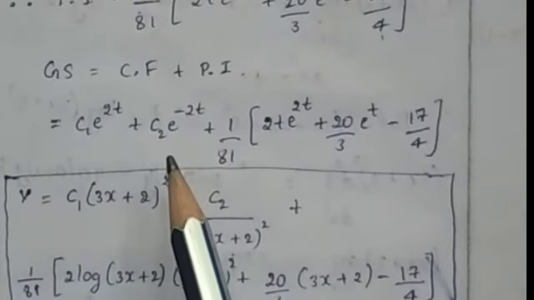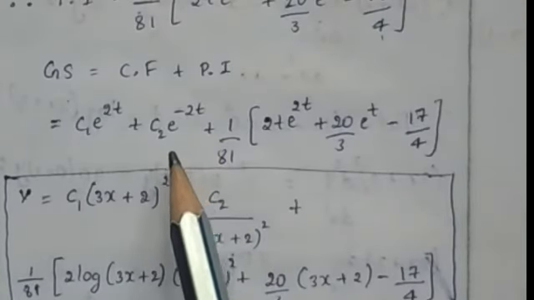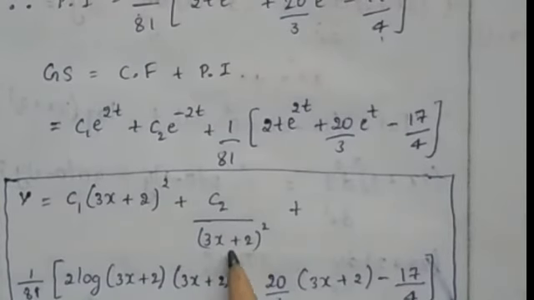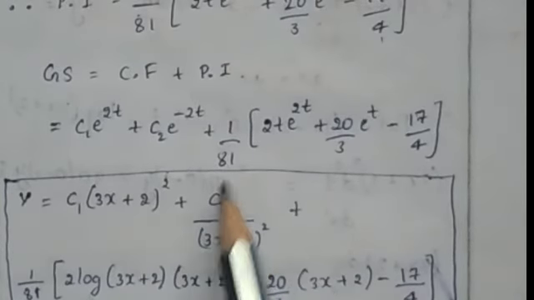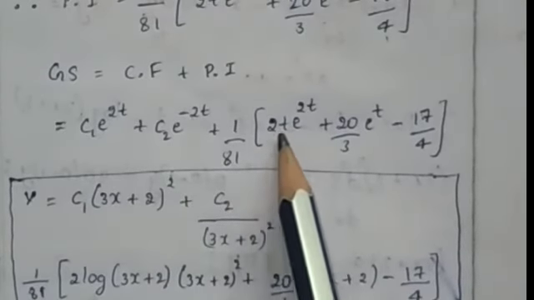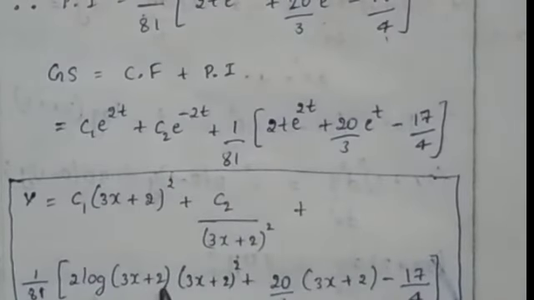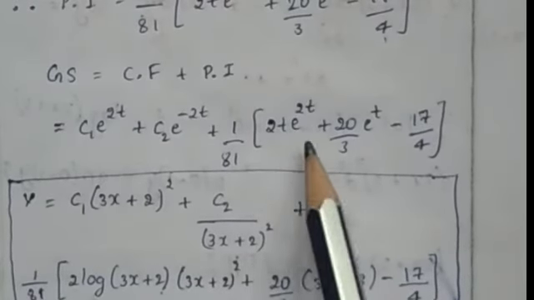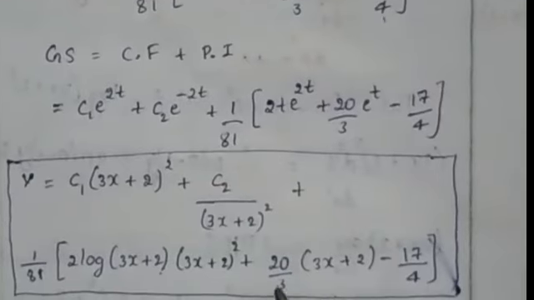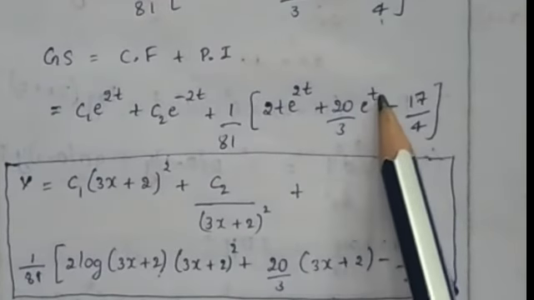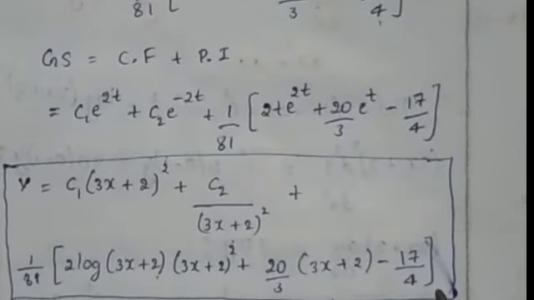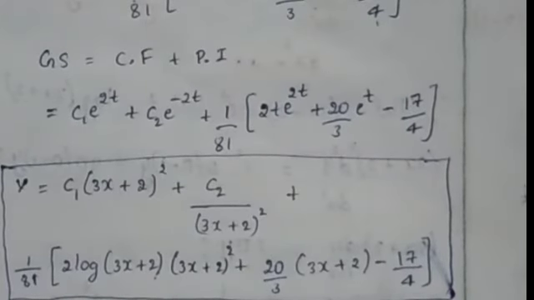E power minus 2t can be written as 1 by e power 2t, which is 1 by 3x plus 2 whole square, plus 1 by 81 into 2 into t, t is log of 3x plus 2, into e power 2t means 3x plus 2 whole square, plus 20 by 3 e power t means 3x plus 2, minus 17 by 4. That's about the general solutions.